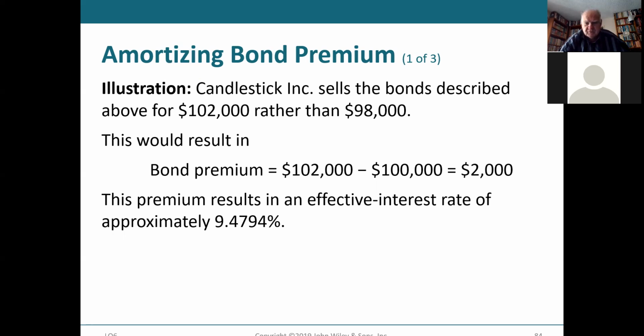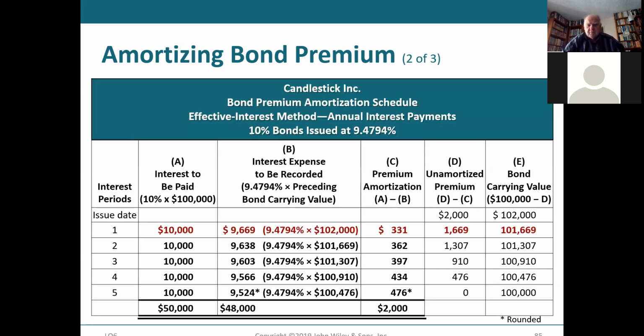So we're going to have a $2,000 premium, and it is a premium because we got 102. 102 times your market interest rate equals 9,669. You subtract that from the interest to be paid, you get the 331. 102,000 minus 331 equals 101,669. 101,669 times your market rate equals 96.38, and you just carry along.